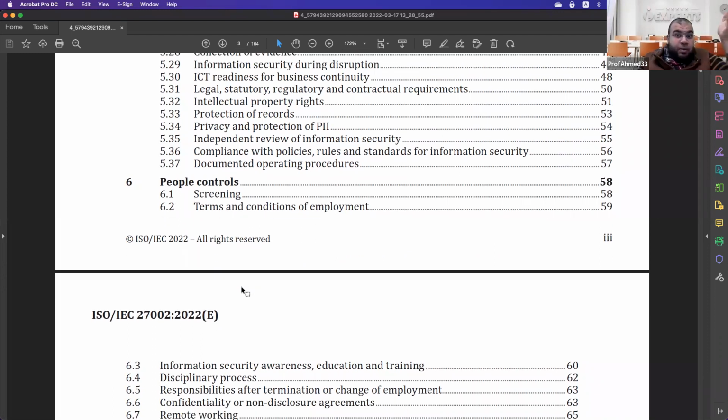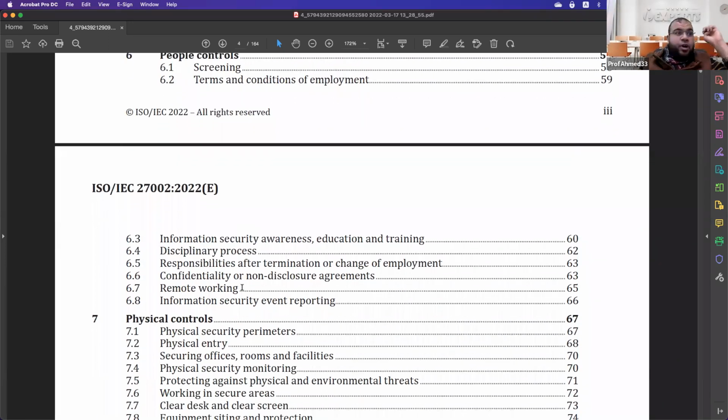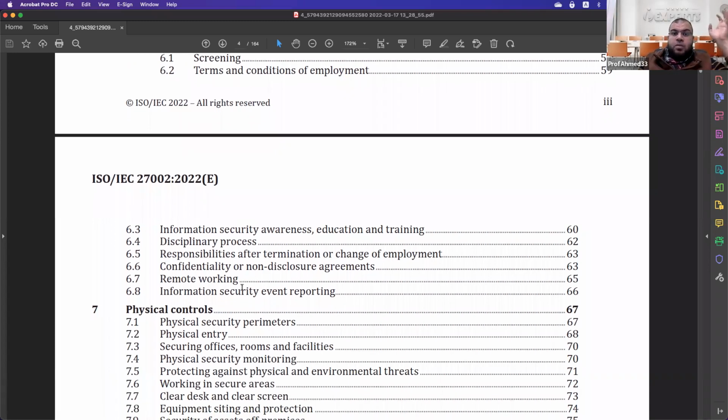Number 1, screening before hiring: screening, background check. Terms and conditions of employment, including acceptable use, non-compete agreement, non-disclosure agreement, and information security awareness, education, training. Disciplinary process, if you have a code of conduct or something like that.